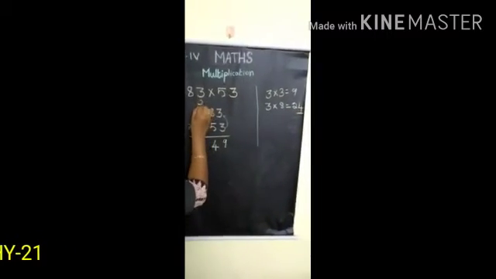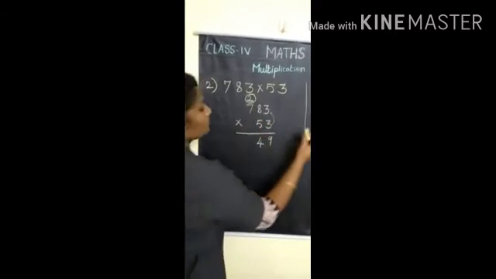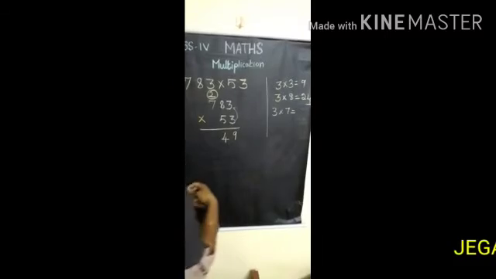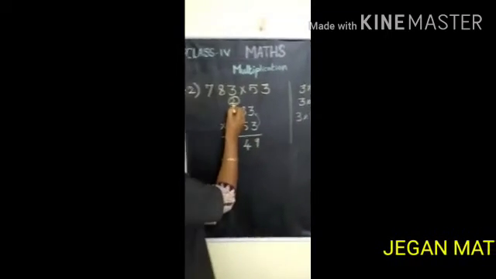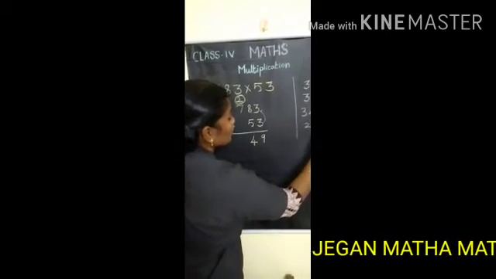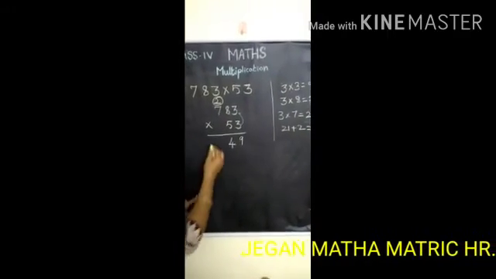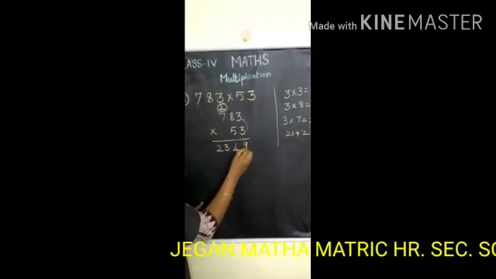The balance 2 carry over to the next one. Then 3 7s are 21. Already we have 2, so 21 plus 2 is 23. Right? 23 here.